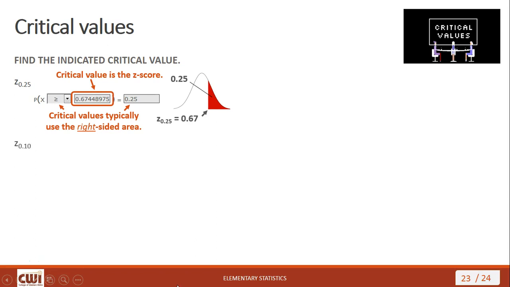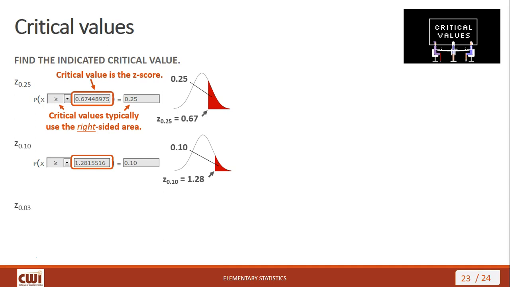Let's look at another example. So z sub 0.10. When you go ahead and put that in, that's going to be a value of 0.1 for the area, and that gives you a z-score of 1.28. Notice the z-score is bounding that area underneath the curve.